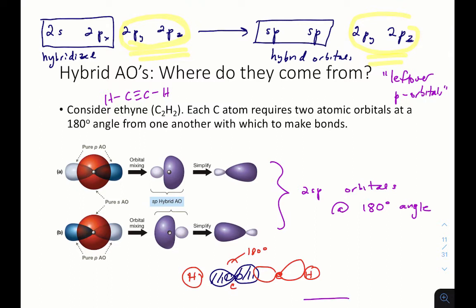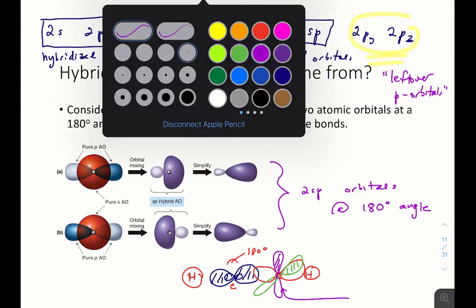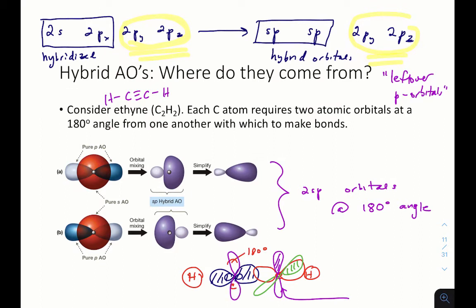So I'm going to draw them in for this carbon here. So it has a p orbital in the plane of the page, and it's going to have another p orbital going in and out of the page. And why not? Let's draw them for both of these carbons for ethyne. Cool. All right, and the carbons will do something else with those orbitals, which we'll talk about in a minute.